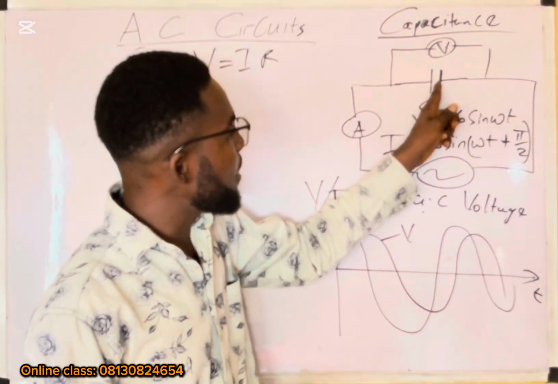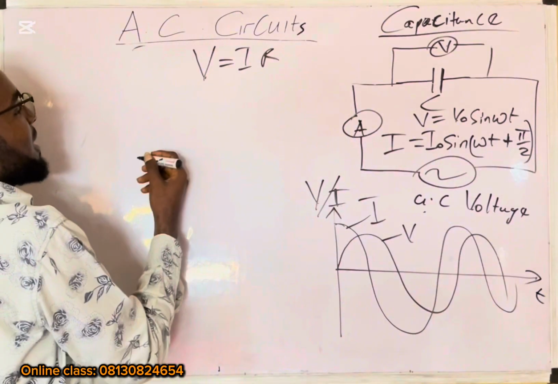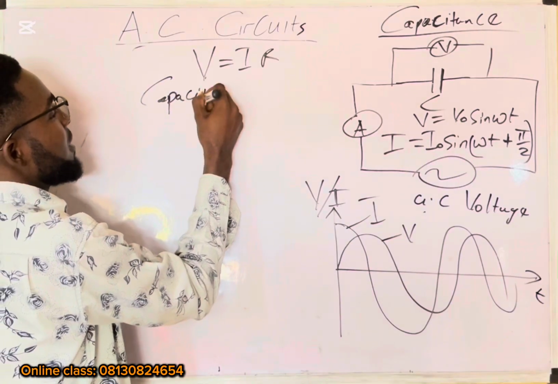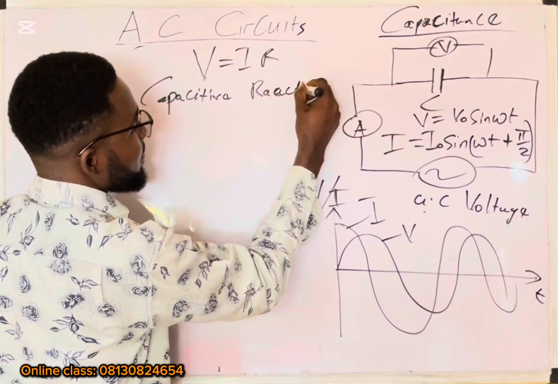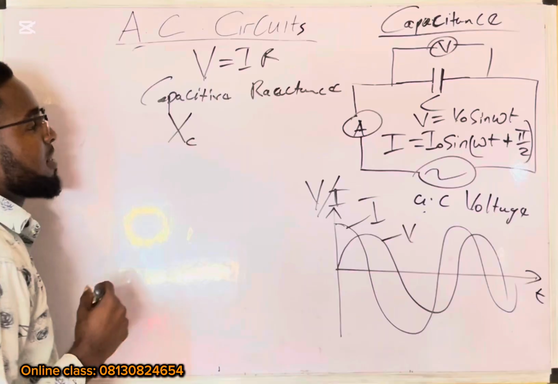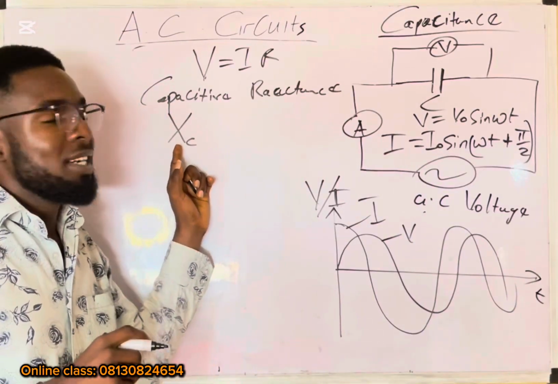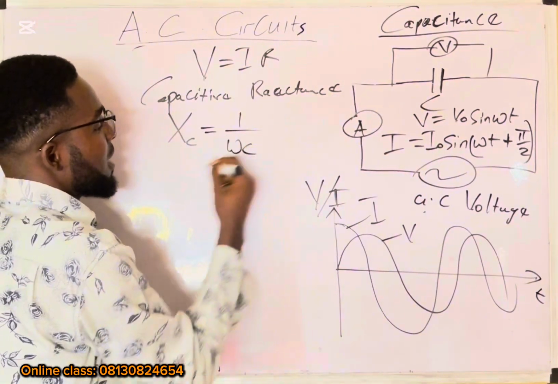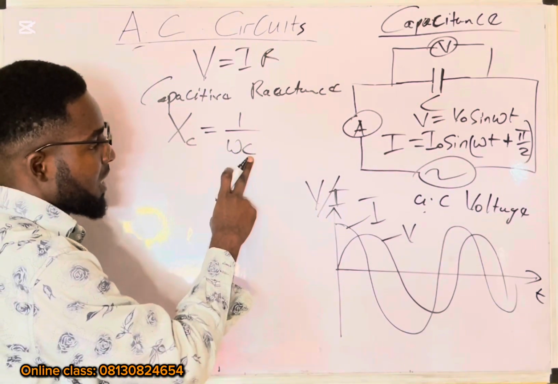The ability for this capacitor to oppose the flow of current is called the capacitive reactance, and it's denoted with X subscript C. Capacitive reactance is equal to 1 over omega C, where C is the capacitance of the capacitor.